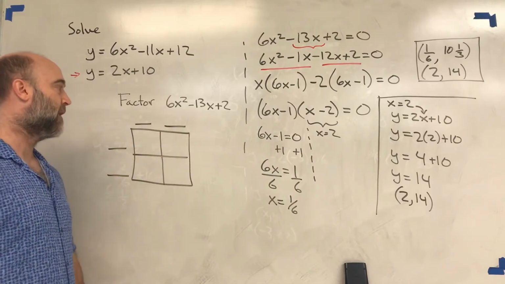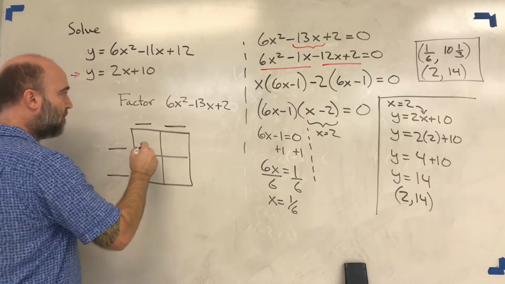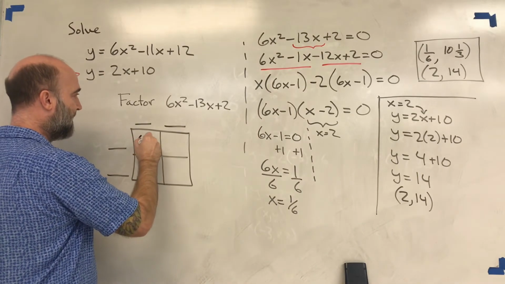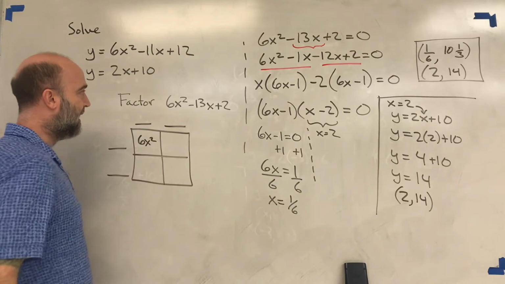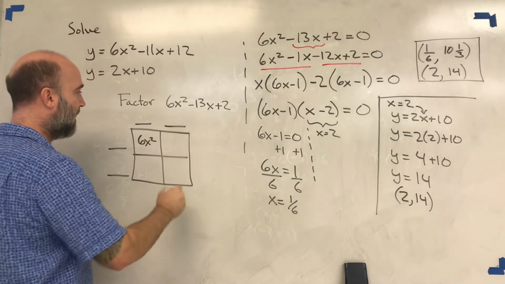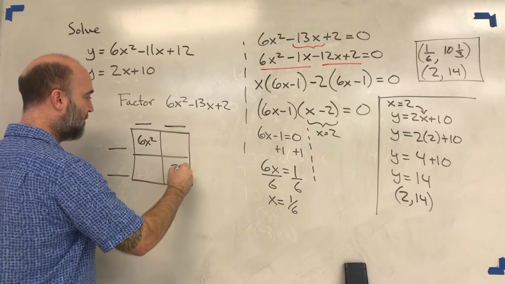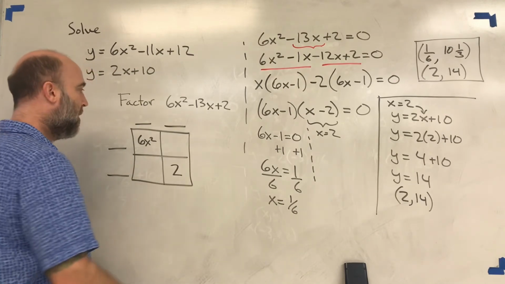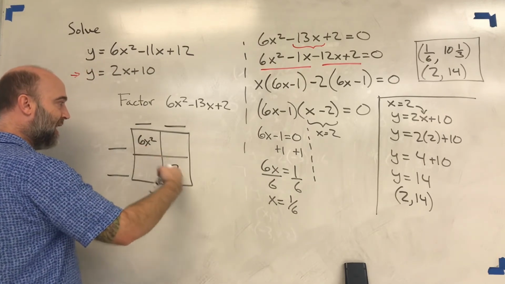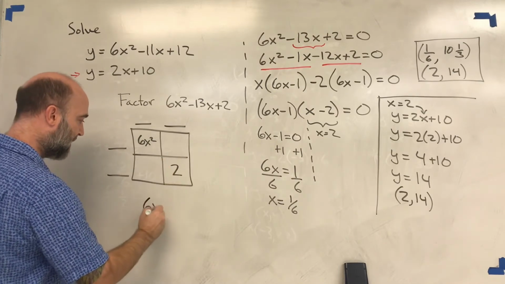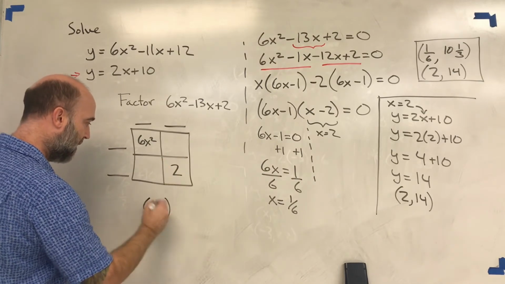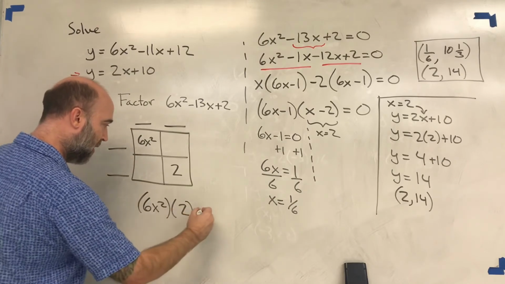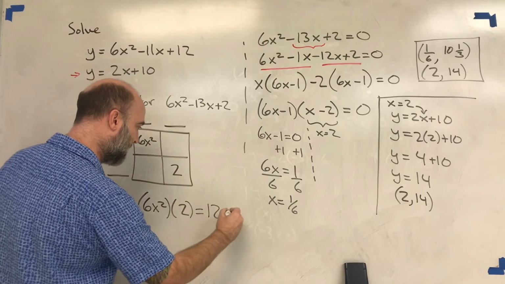Okay, so if I remember right, the 6x squared is right here, and the 2 is right here. We multiply these together, 6x squared times 2, and I get 12x squared.